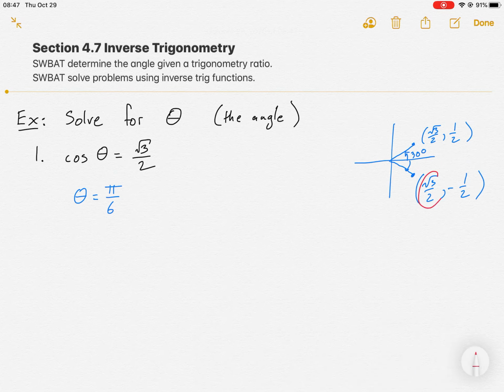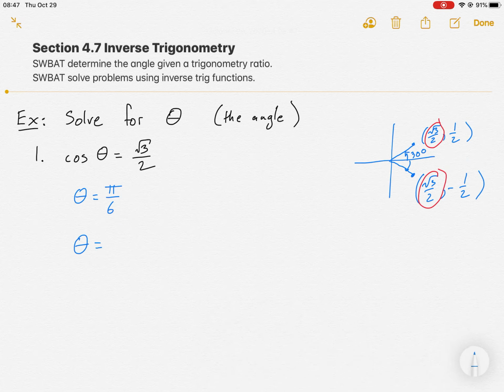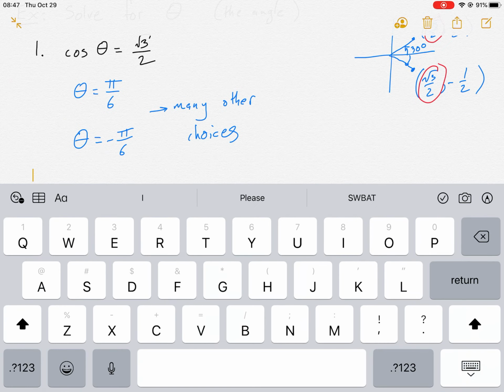However, notice that the x value is the same for each of these angles, so we could also say that theta equals negative pi over 6. There's also other options which we'll come back to, so there's many other choices, but for now I'm not really interested in those. I just want to show you that you could actually come up with a solution just using what you know about unit circles.